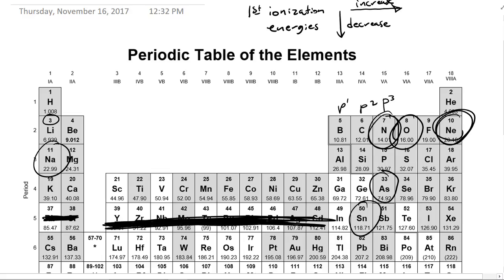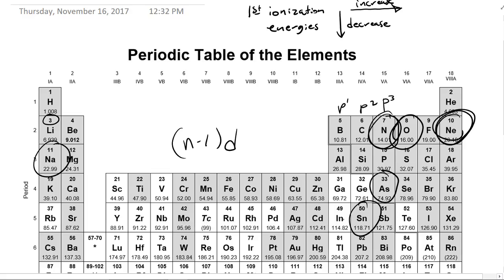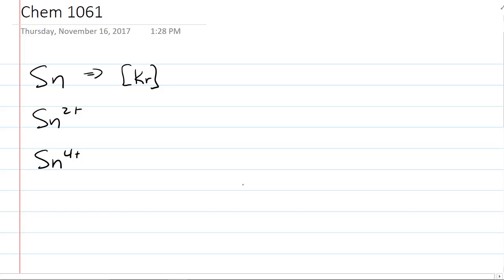It's 4d, remember when the d block gets the n-1 d configuration. So it'll be 4d10, and then 5p2. So 5s2, 4d10, 5p2.